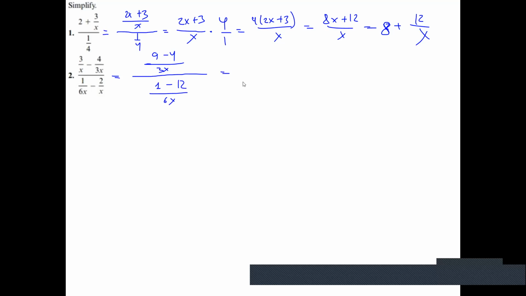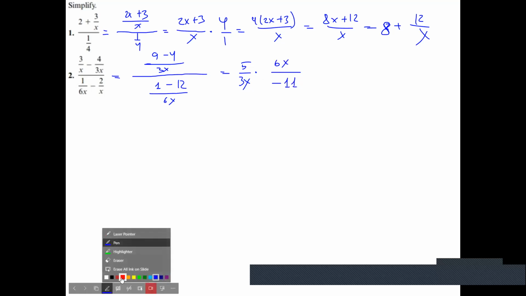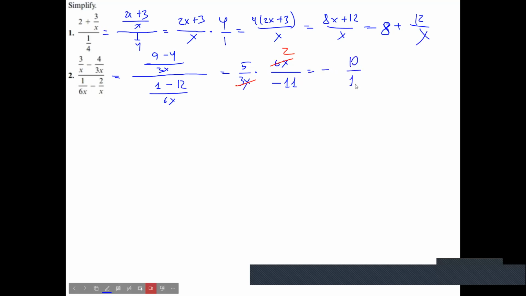So 9 minus 4 is 5 times 6x. Here is minus 11. Where's my red pen? Minus 10 over 11.